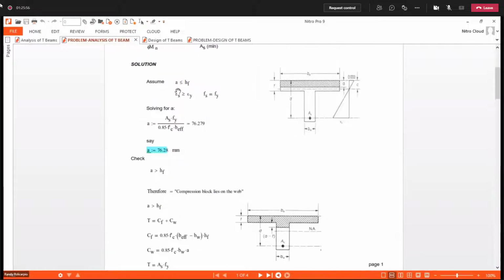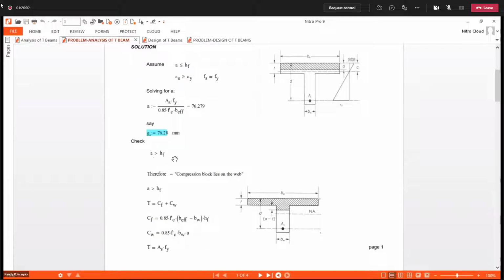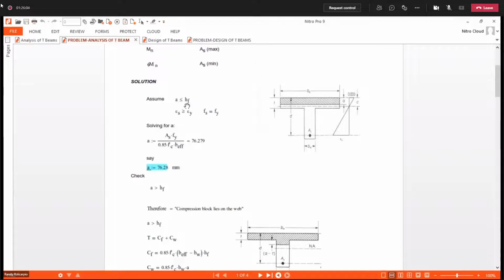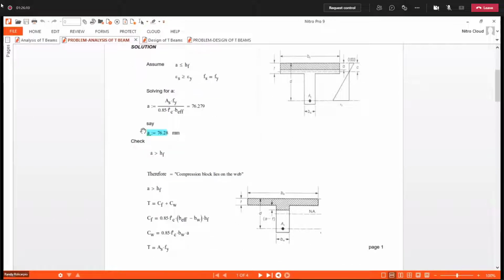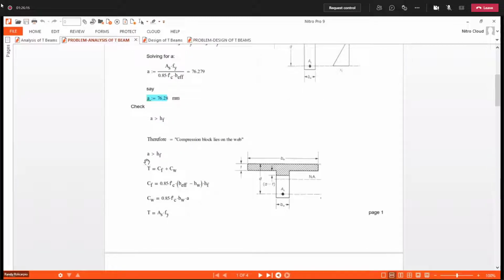Kasi ang assumption mo, A is equal or less than HF. And it shows here that A is greater than HF. So you did not satisfy the assumption here. Kaya itong A mo dito, incorrect. So you go now to the next case wherein your A is greater than HF.